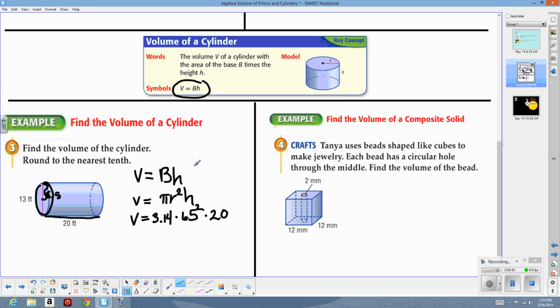Now go ahead and calculate that. 3.14 times 6.5 squared times 20. The volume is going to equal, to the nearest tenth, 2,653 and 3/10. And then that's going to be in feet cubed.